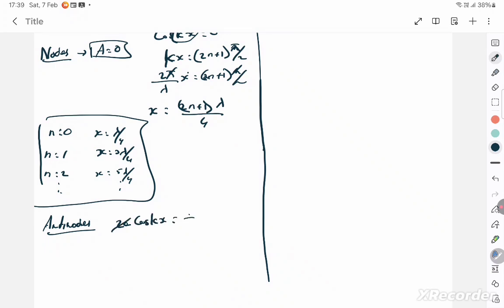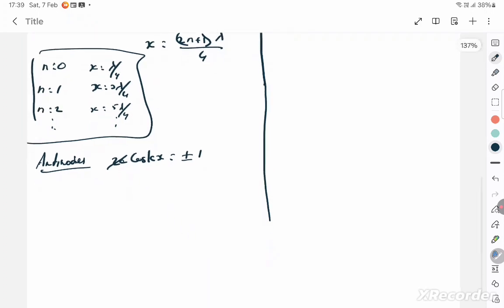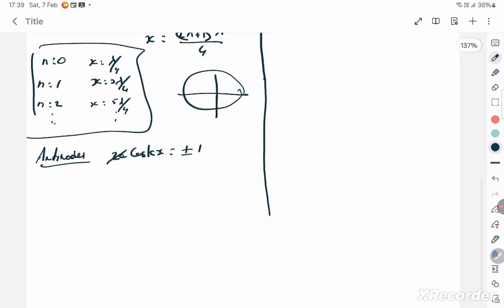Then cos kx has to be plus or minus 1, which occurs at 0, π, 2π, 3π, 4π. So you can say kx is equal to nπ. And k is 2π/λ, so 2π/λ times x equals nπ, where π and π get cancelled. x is equal to nλ/2.